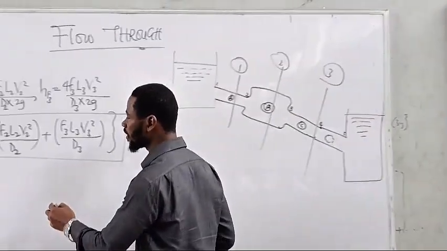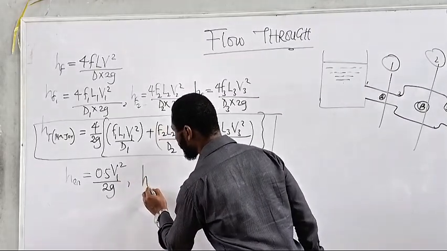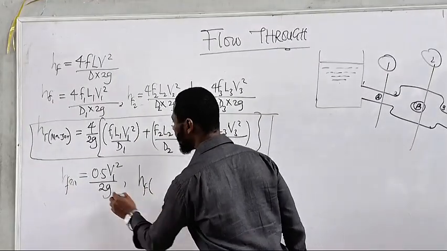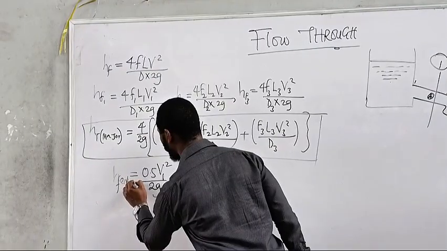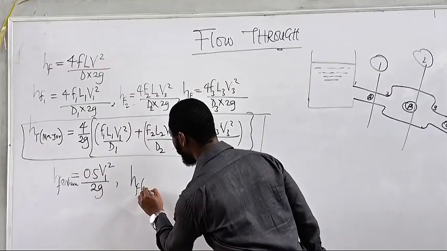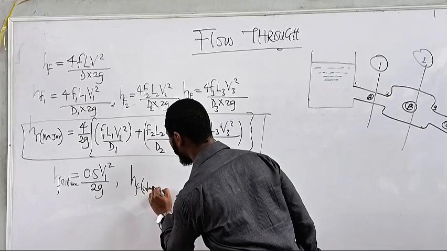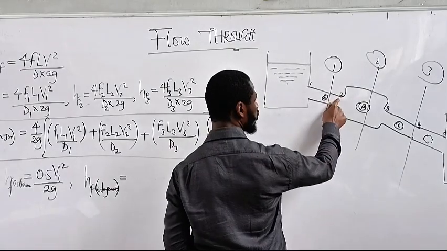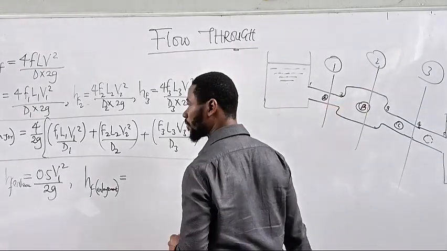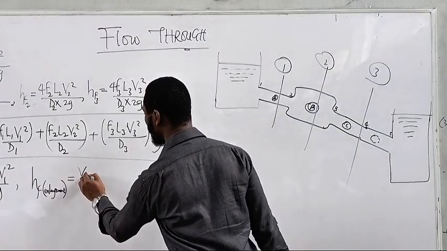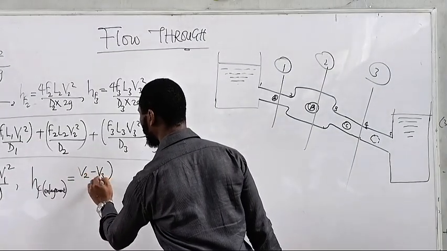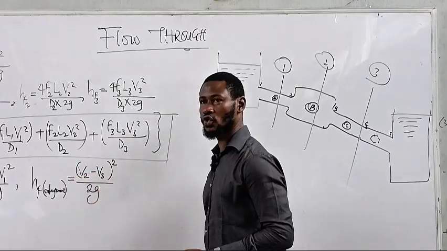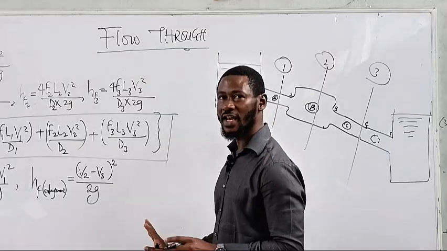So at this level, we have the head loss for sudden enlargement as V2 minus V3, divided by 2g, all to the power of 2. That is for enlargement.